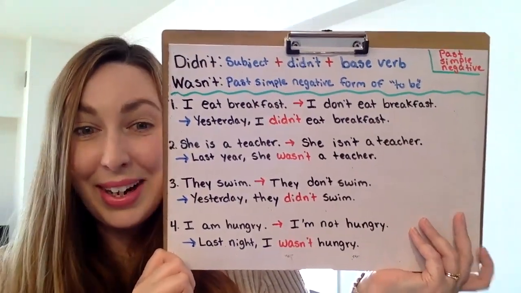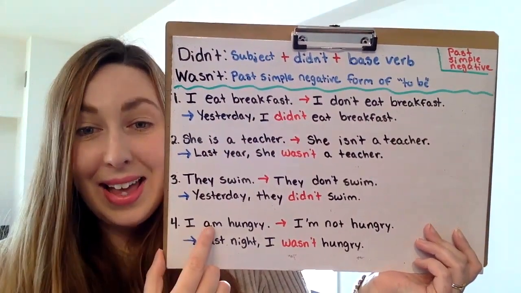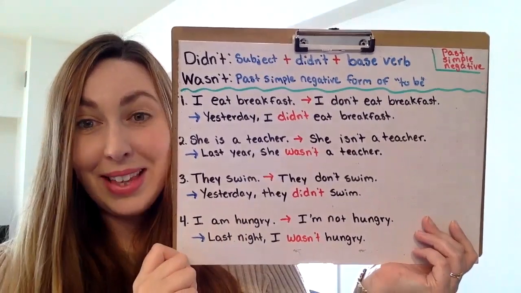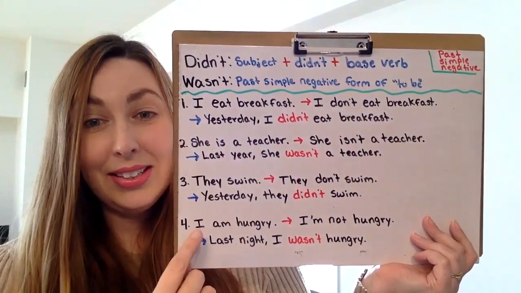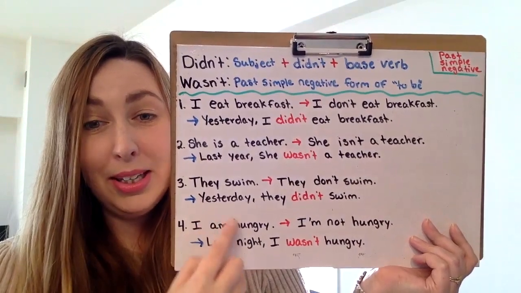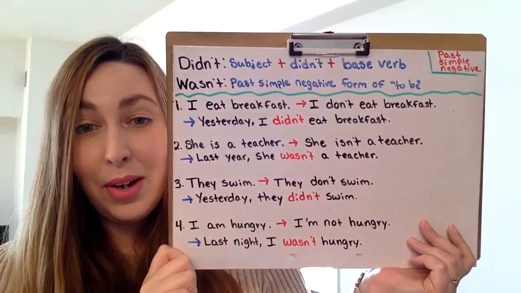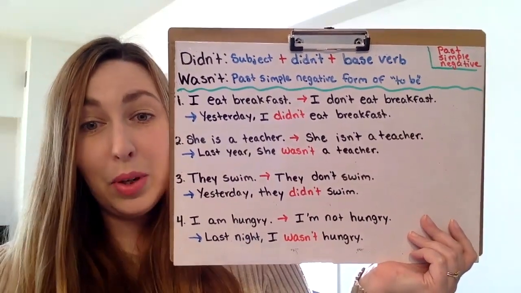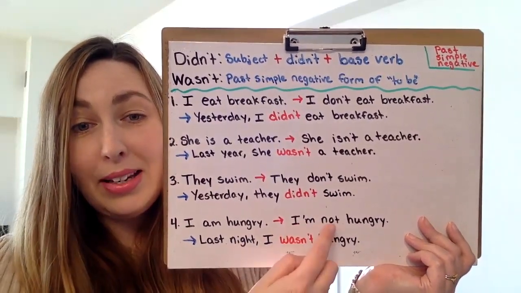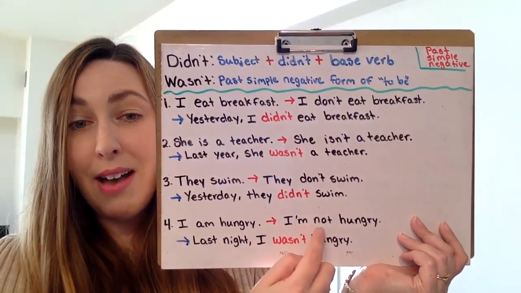The last one, number 4: I am hungry. We have I and the to be verb, am. If we want to make that negative, we say I'm not hungry, or I am not hungry.